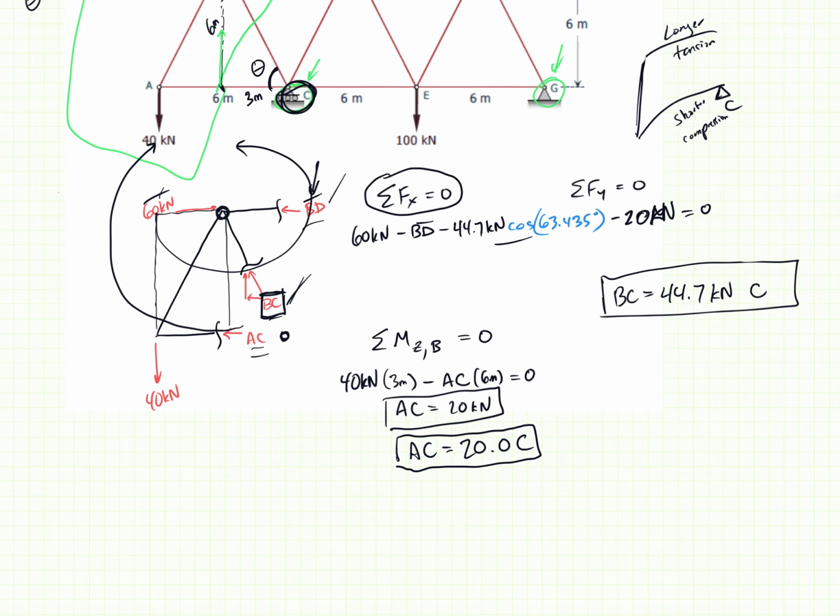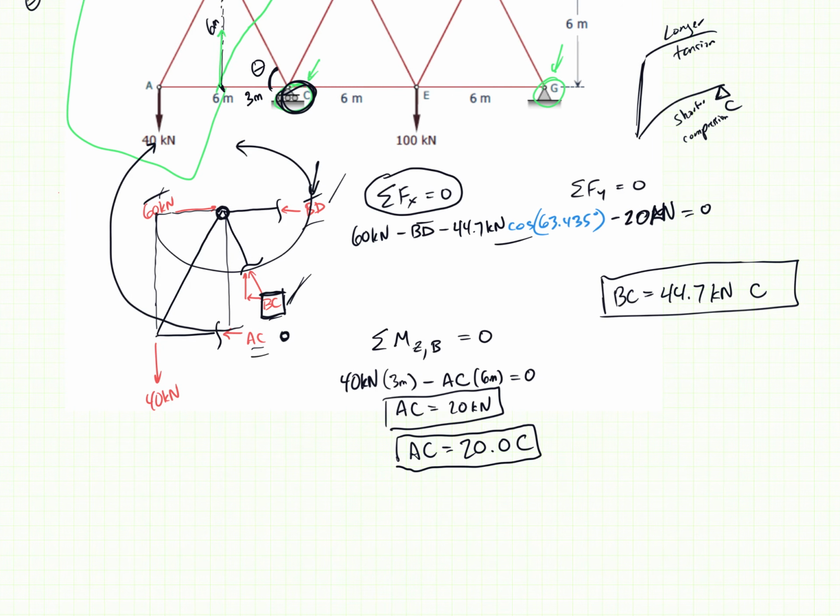That one's distance is 6 plus half of 6, which is 9 meters. Then we've got to deal with that 60, which has a distance of 6 meters away. Its direction, that's like a clock, so that's negative.